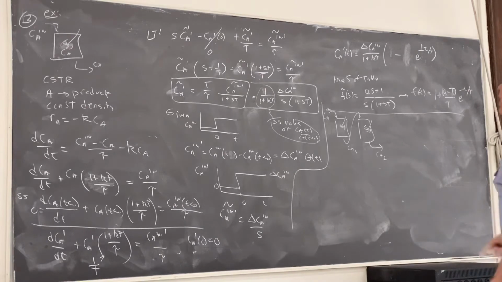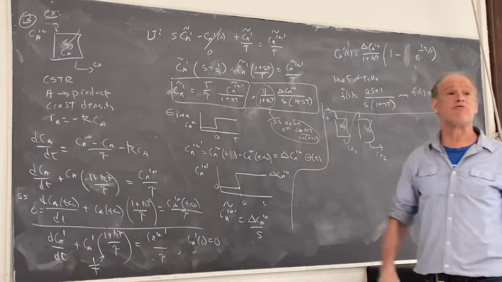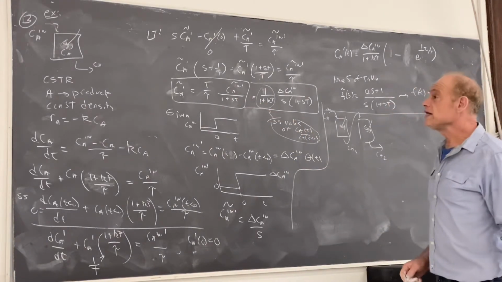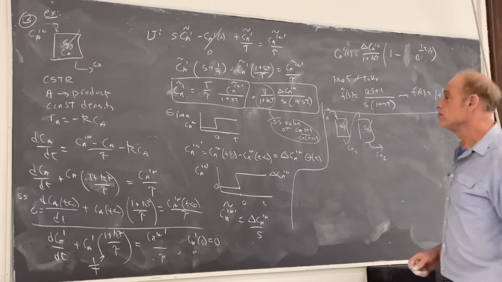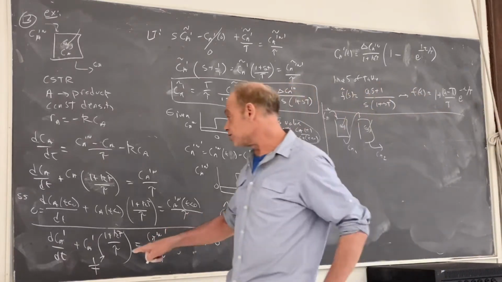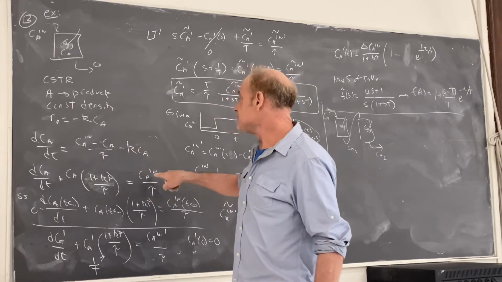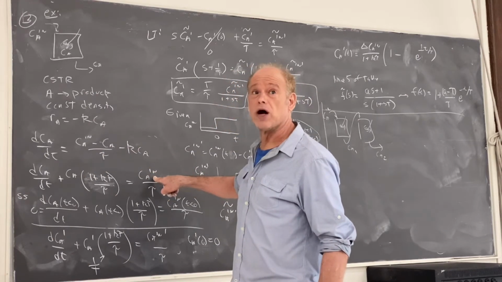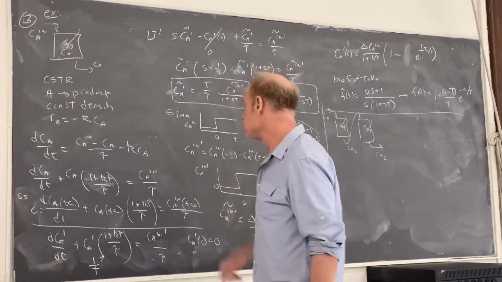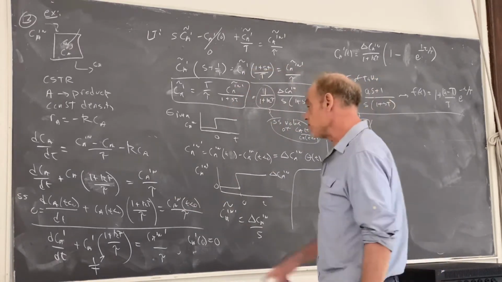Now, we've already solved for CA1. That was the problem we did before. So if we want to do CA2, we have the exact same equation, but CA in is replaced by CA1.